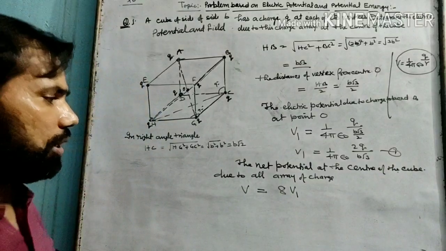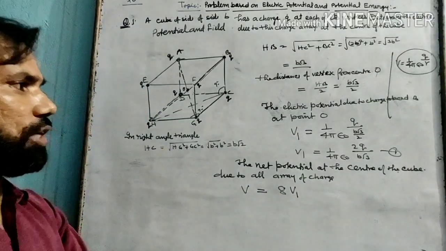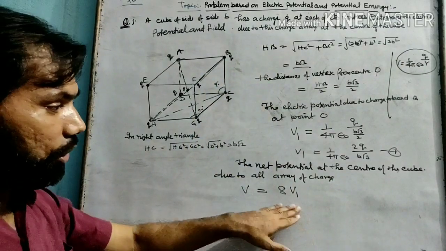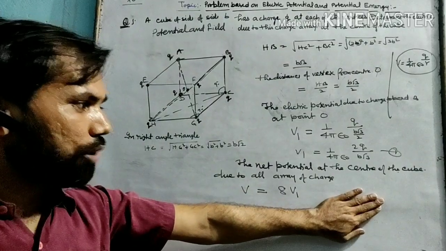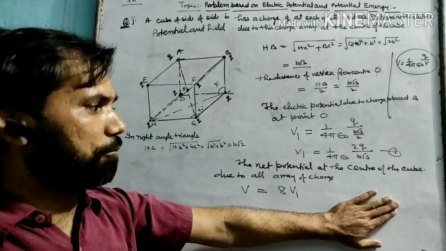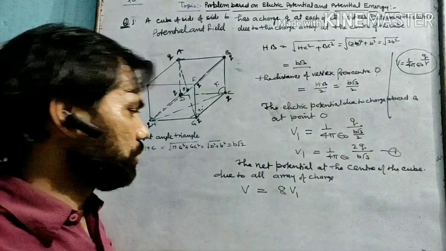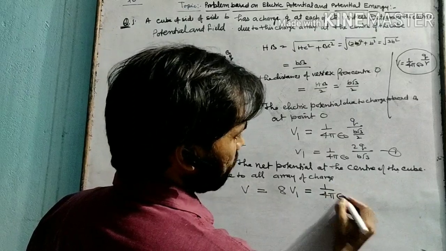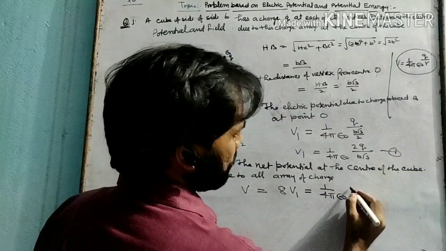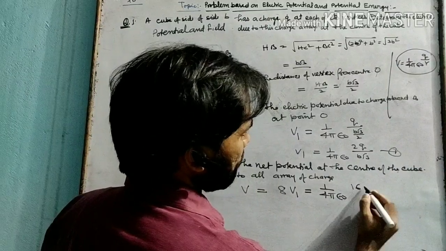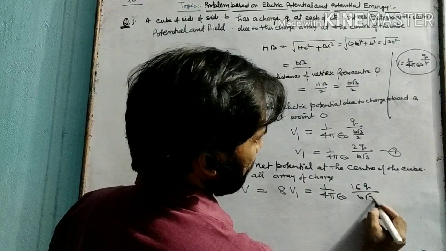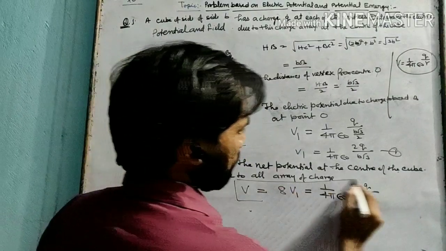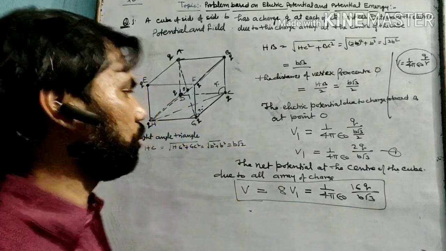As you know, from the principle of superposition, the net potential at any point due to a group of charges is the algebraic sum of the potentials at that point due to the individual point charges. So this can be written as 1 upon 4 pi epsilon 0, 8 times 2Q upon B root 3. So this is the potential because of the whole array of charges at the center of the cube.